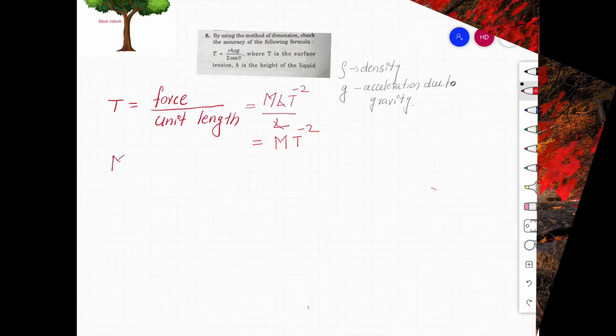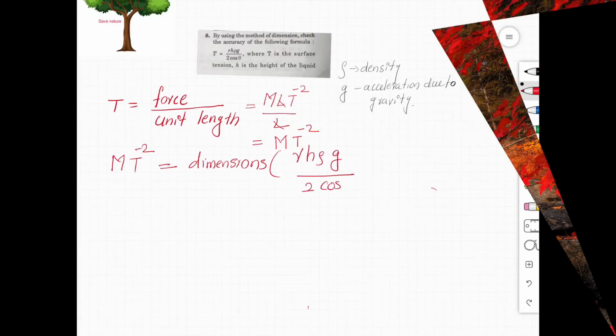So M T raised to minus 2 is equal to what? The dimensions of the rest of the quantities on the RHS, that is R H rho G divided by cos theta.